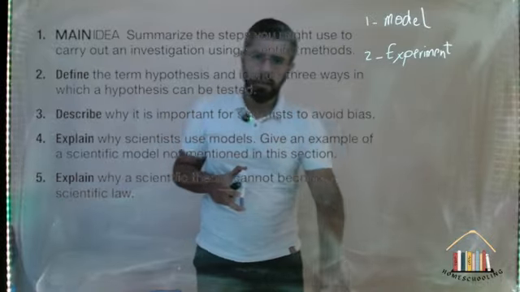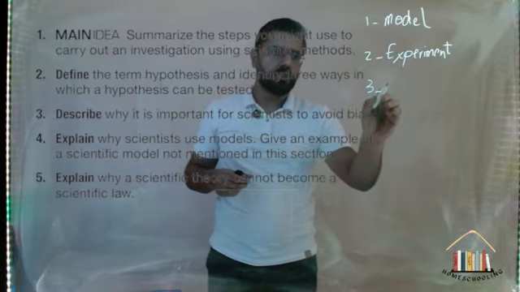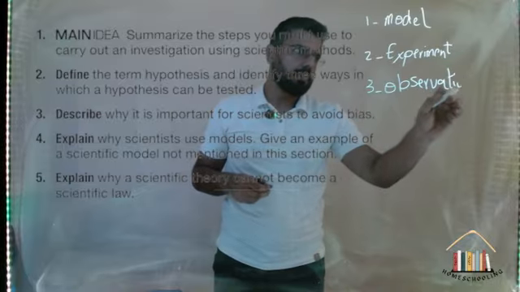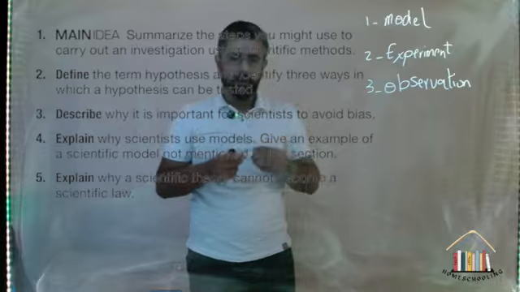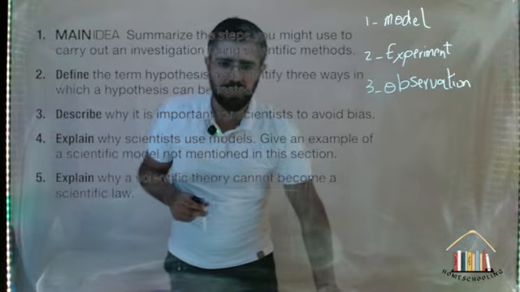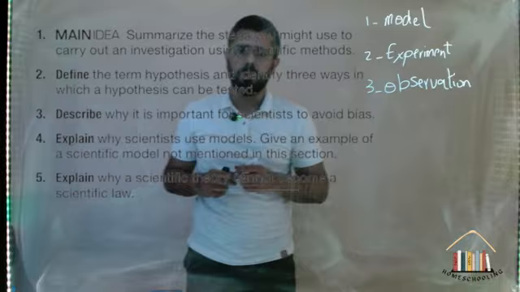Okay. Also, the third step is to have an observation. So for the third step, identify 3 ways in which a hypothesis can be tested, which is the observation.